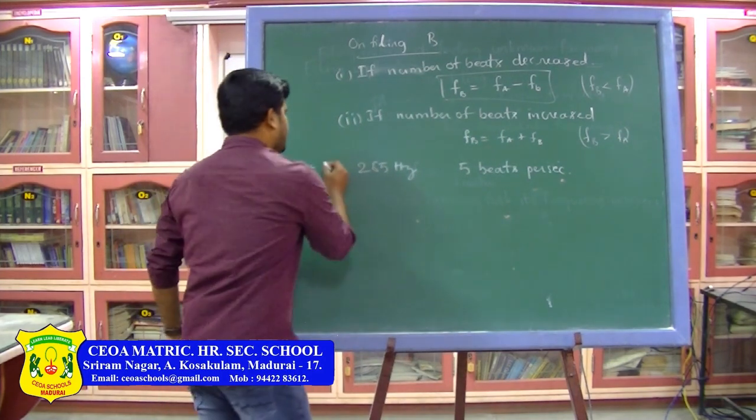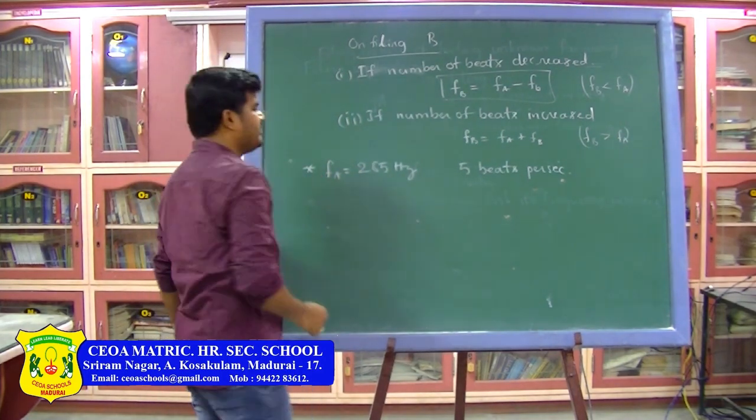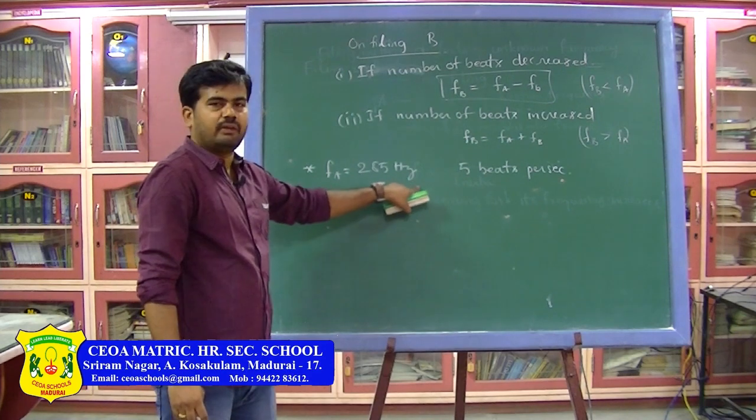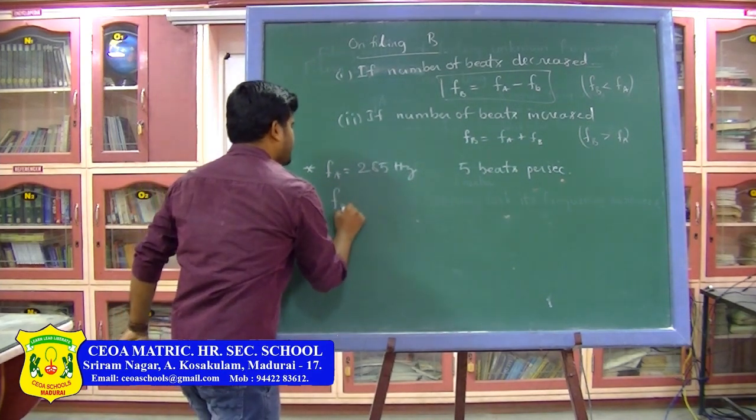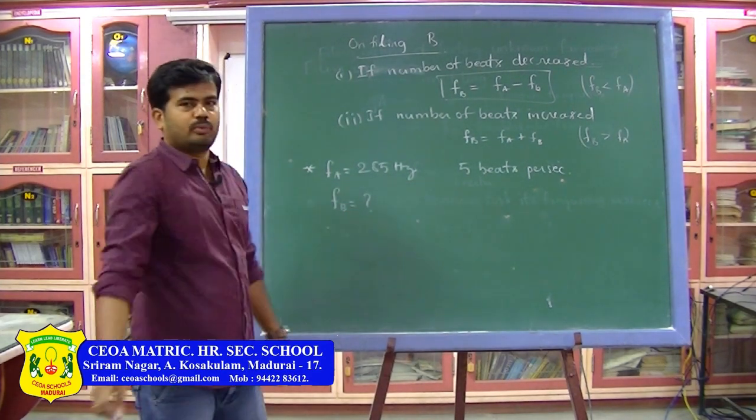Here, let f_A, the first tuning fork frequency, be the given value or known frequency, and let the unknown frequency be f_B, which is to be found here.